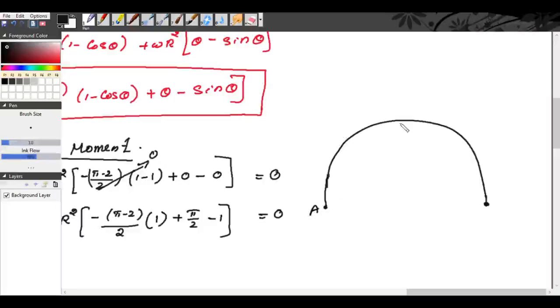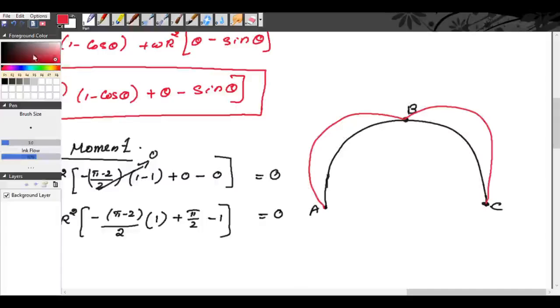This is A, B, C. The twisting moment diagram is from A to B, from 0 to 0, and from B to C, from 0 to 0. It will be like this.